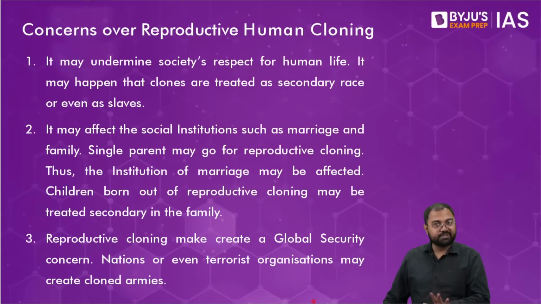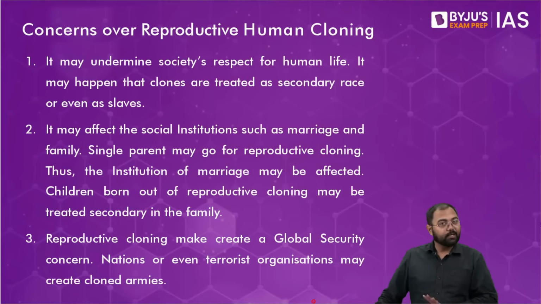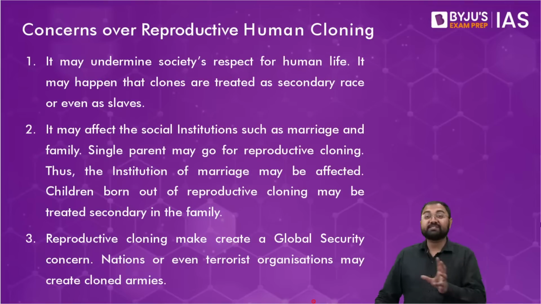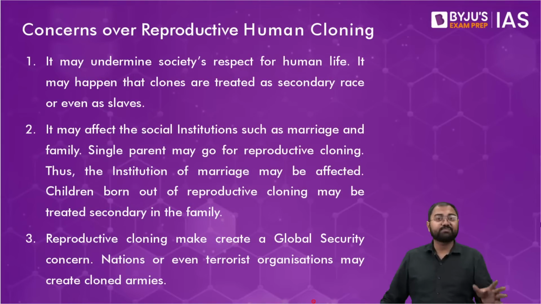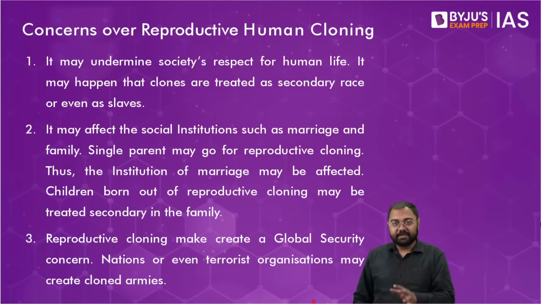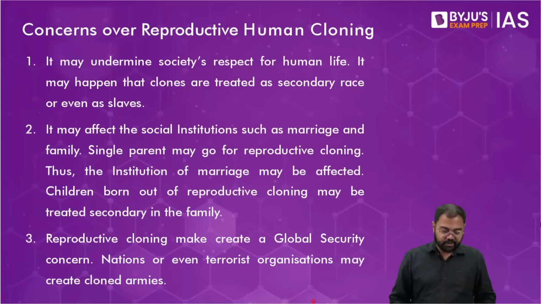Governments all across the world have banned it until there is a very extreme requirement where cloning could be used. Otherwise, it has been completely banned. Why? Because there are certain concerns, and these are not technical concerns, but rather societal concerns that we have with the process of cloning. And that's why these restrictions or bans have been put on human cloning.